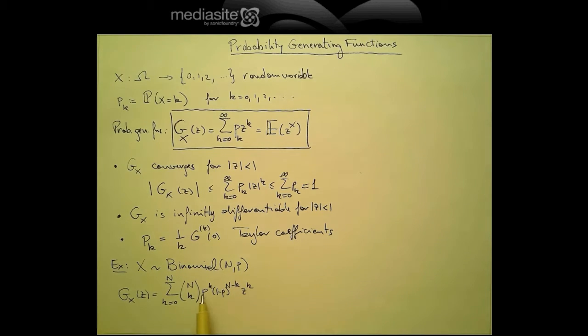Now p and z can be joined together under the power, and then by the binomial theorem this becomes (pz plus 1 minus p) to the n. So the generating function is just this function here.